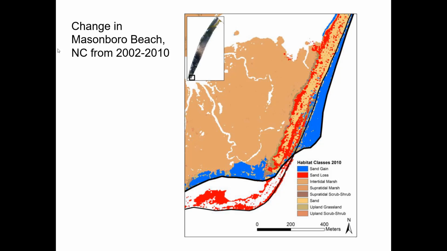Now here's one indicator of what is actually going on. Here's a beach in North Carolina called Masonboro Beach, and it's color-coded as to whether or not the beaches are accreting or eroding. The beaches in blue are accreting, and the beaches in red are eroding. And you can see what's going on is basically there's just a transfer of sand from one part of the coastline to another.